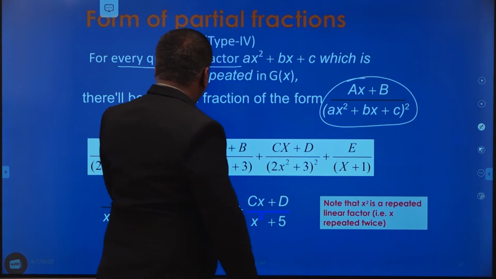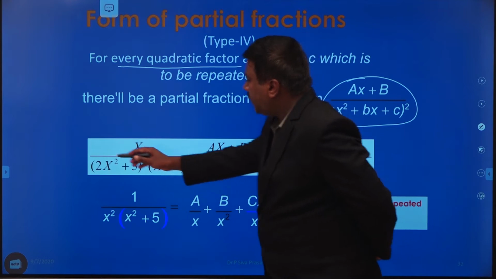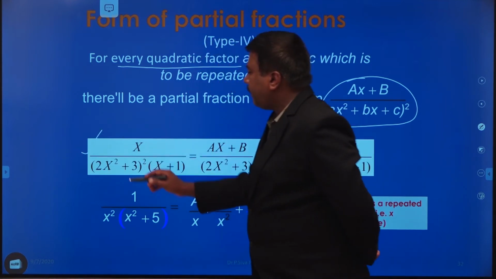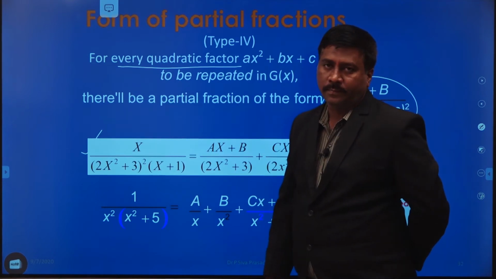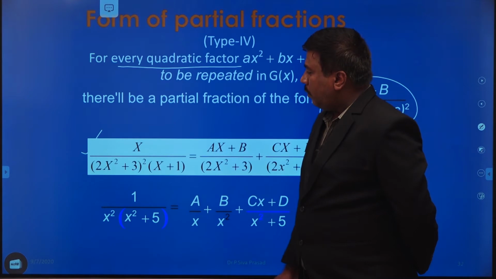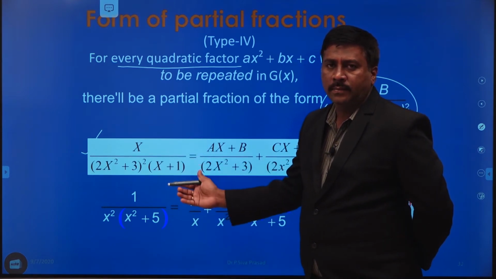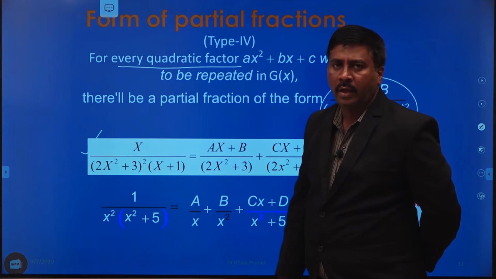Therefore, I consider the partial fraction with this example: x by 2x square plus 3 whole square into x plus 1. Before this, by choosing g of x, we decide which one is the linear factor and which one is the quadratic factor.